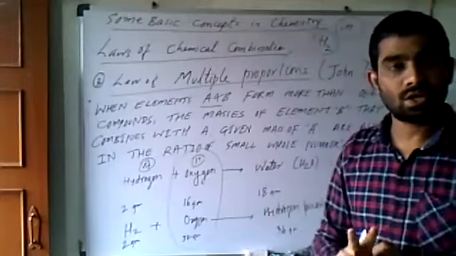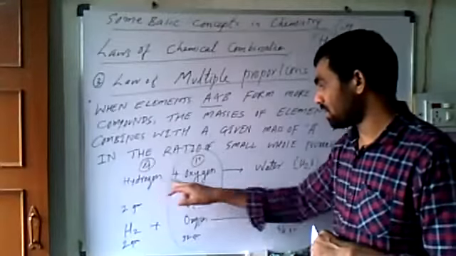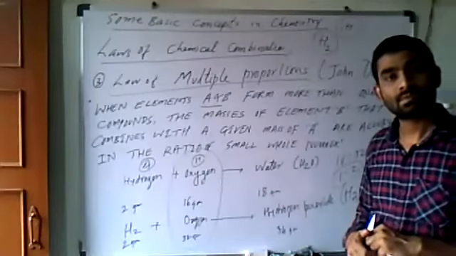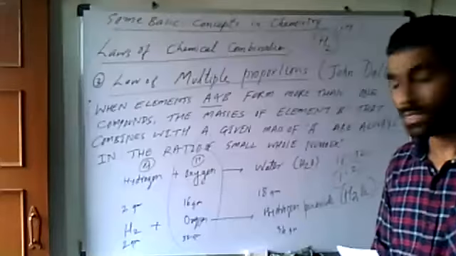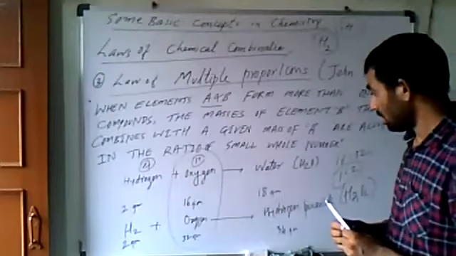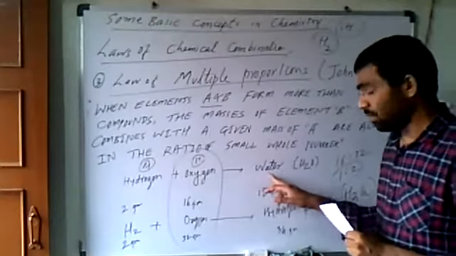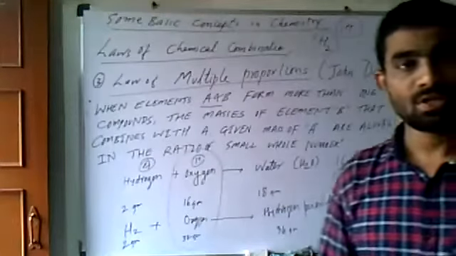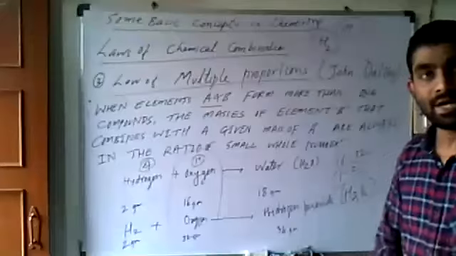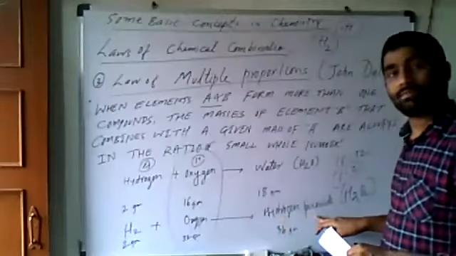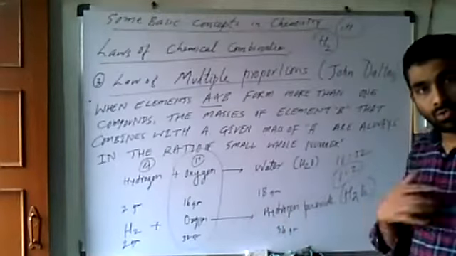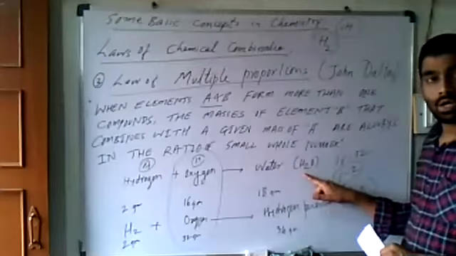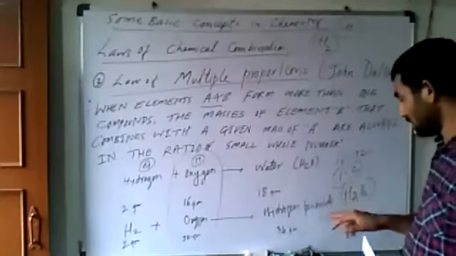We are combining hydrogen and oxygen, A and B, and it forms water. In another reaction, hydrogen and oxygen combine and form hydrogen peroxide. So we should know the formula of water, H2O, and the formula of hydrogen peroxide is H2O2.